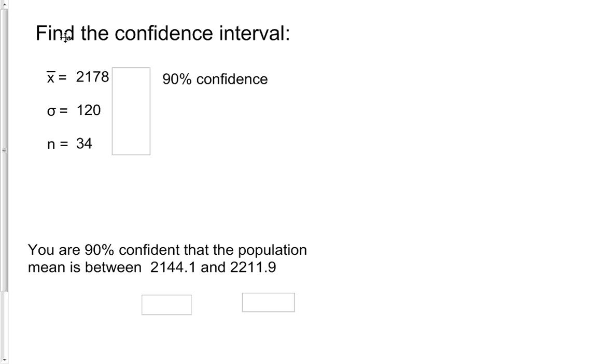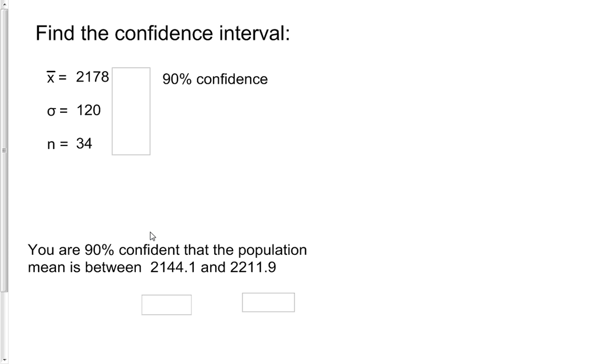Remember, the whole point of what we're trying to do is say, where is the actual population mean? Now, this problem doesn't have any context to it, but let's say we are looking at the number of shipments per day at some center. The measurement that we took here, this 2178, was the average of 34 measurements, 34 days that we had randomly sampled.